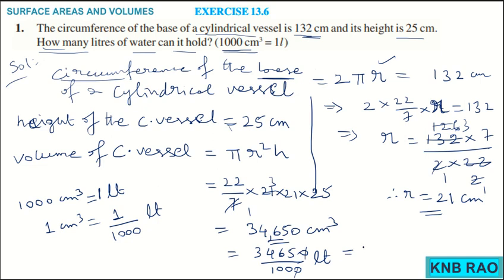So it becomes 34.65 liters as the quantity of water that it can hold. You know how the point will be shifted, so I will not explain how 34.65 has come.